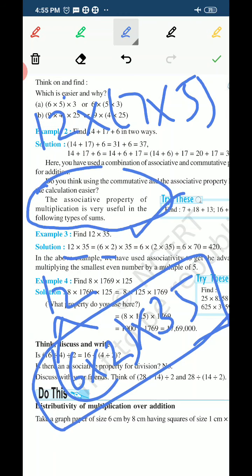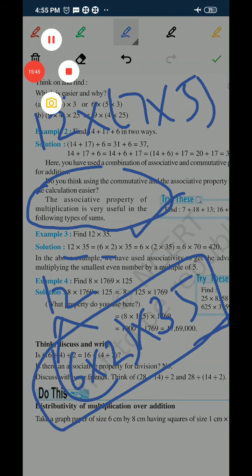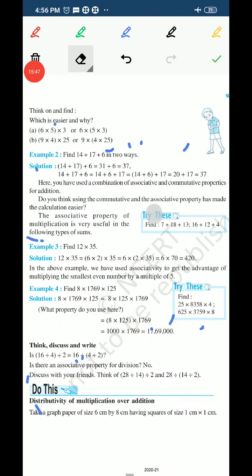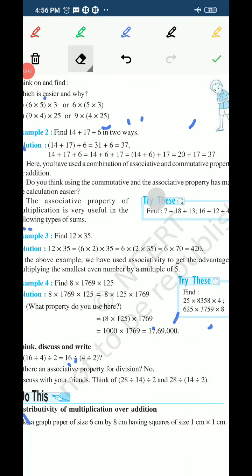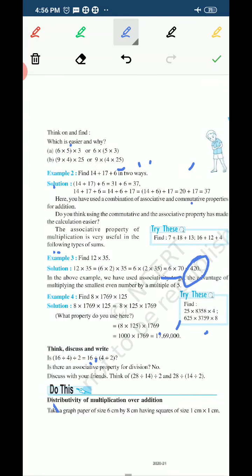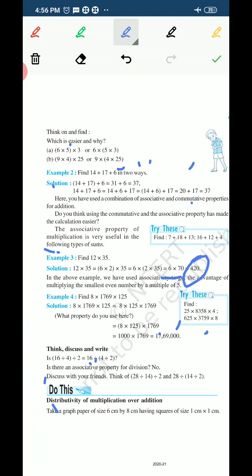These are the two ways in which we can factorize. So what we did then, 35 multiplied by 2 becomes 70, and 70 multiplied by 6 becomes 420, because we know that 7 sixes are 42 and a 0 is there, so the answer is 420. So this is the way these properties make our calculation easier and help us to solve the question.